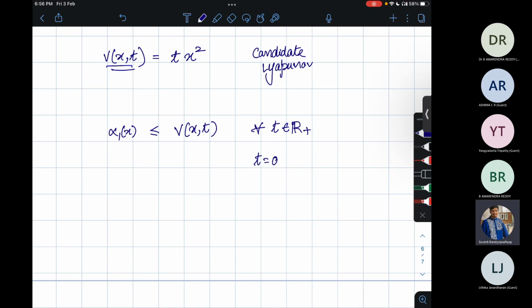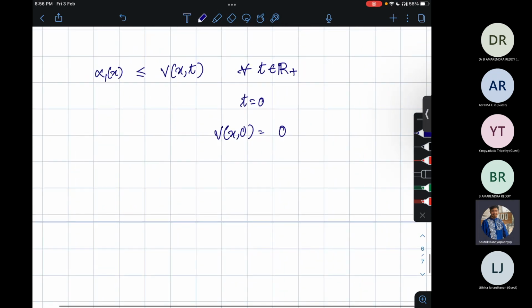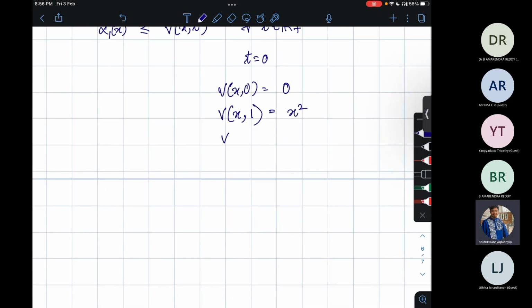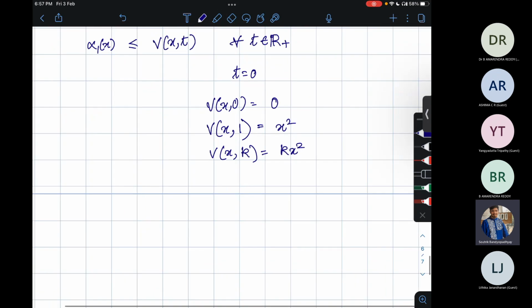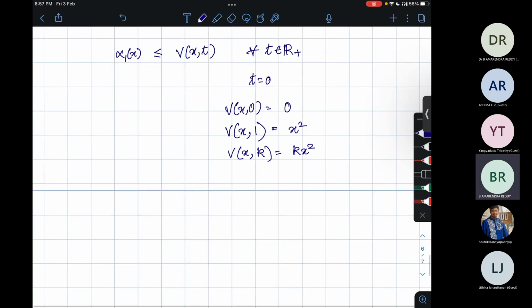What would be the value of v of x comma 0? 0. Suppose I have v of x comma t is equal to 1. What is this value? x square. Some constant k, this would be k x square.